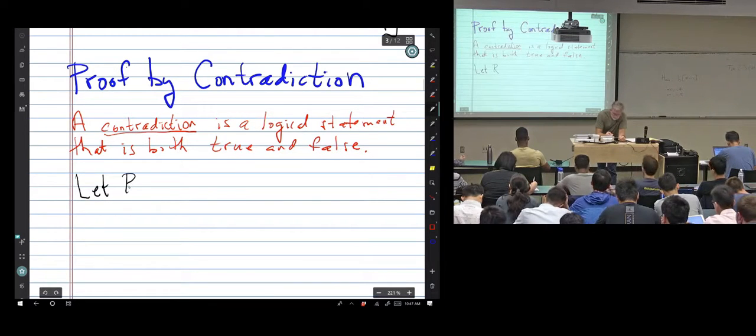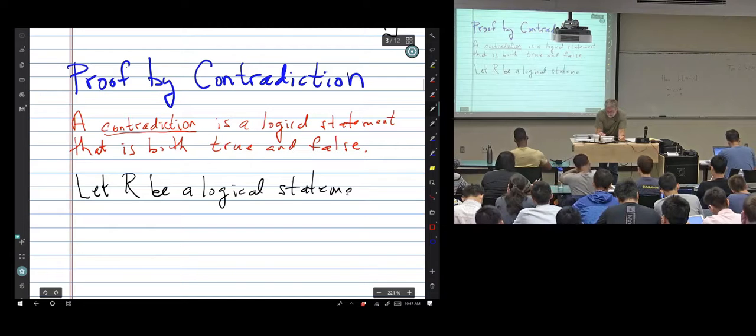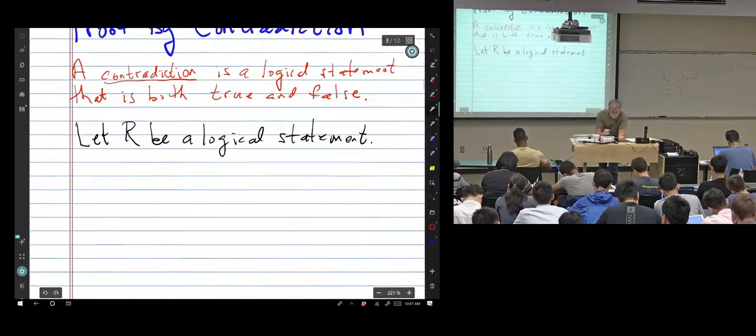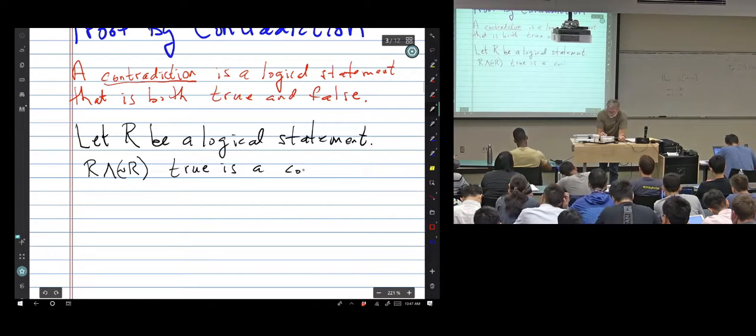So let R be a logical statement. R and not R true is a contradiction.